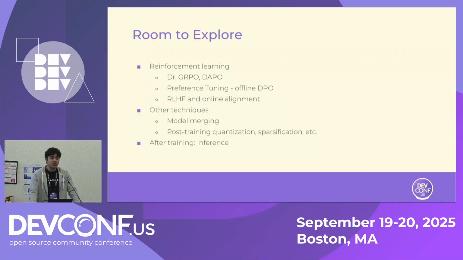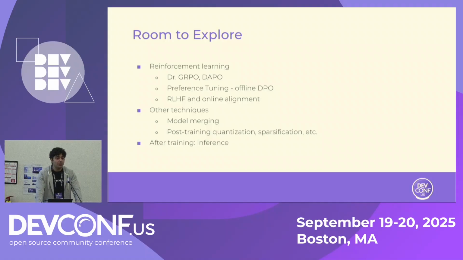There's also post-training model compression, which is a very interesting field these days. If you're interested in quantization, sparsification, and so on, you can explore how to pack a model as small as possible while retaining its quality. And of course, after training, there's the whole world of inference. So a lot to explore. If any of it interests you, I'm happy to talk more with you about it.